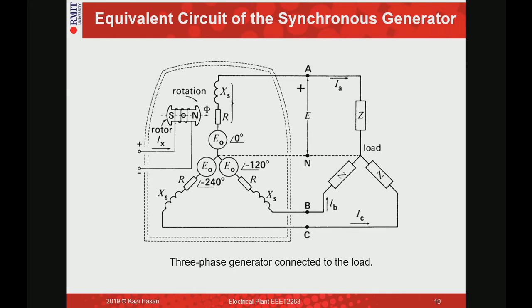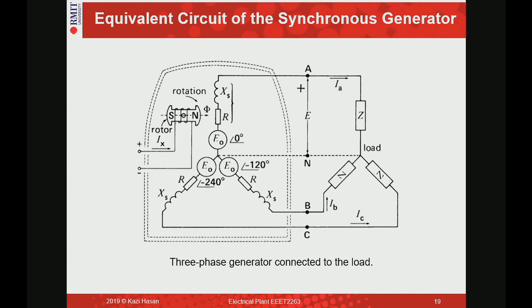So, to minimize the loss, we choose conductors where the resistance is very low. Especially here, these are big generators, so the conductor resistance is chosen to be very, very low so that you can supply more power.